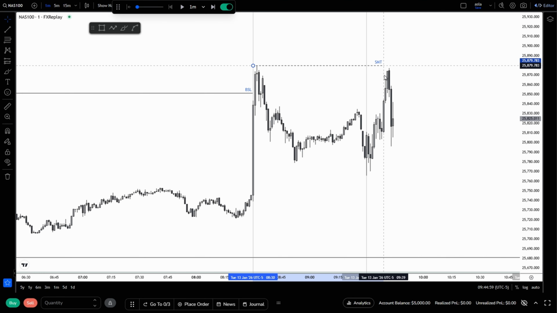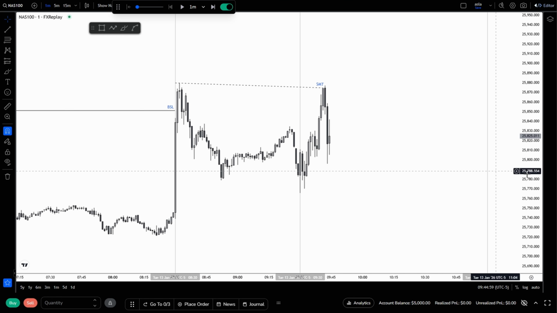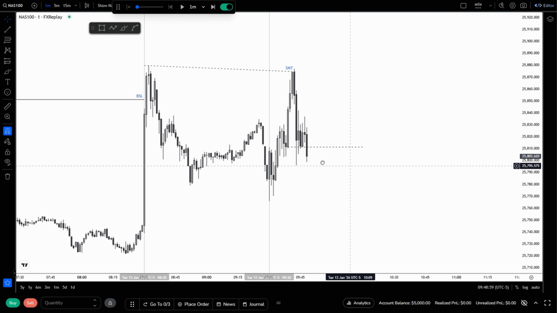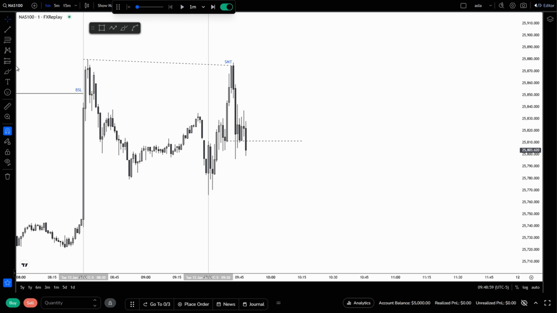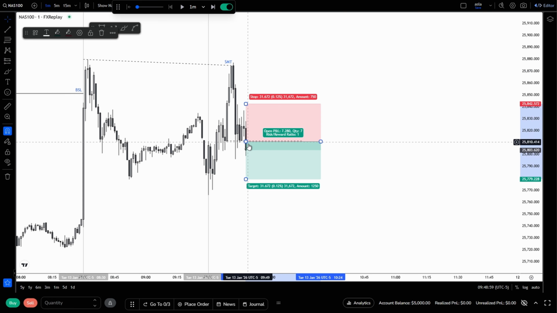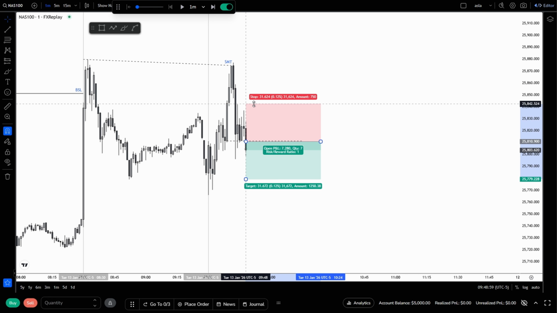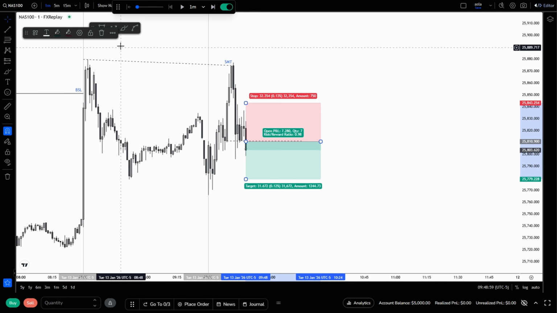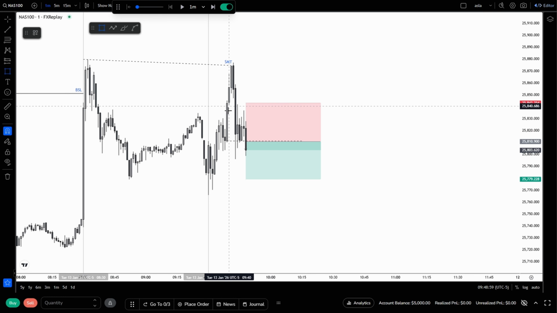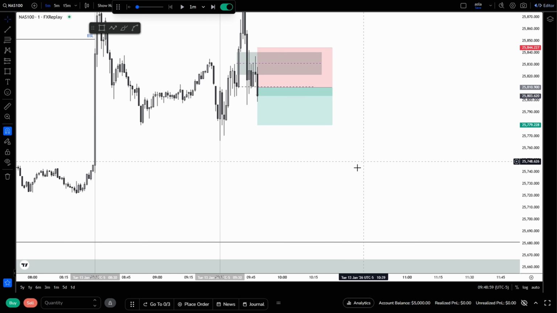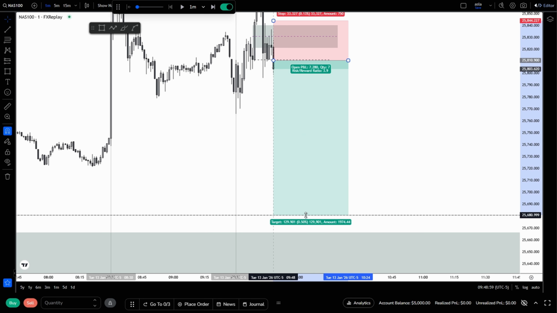With that SMT in place, we drop down to the 1-minute time frame to look for confirmation. On the 1-minute, we wait for a clear shift in delivery. What we get is a change in state of delivery, and that becomes our confirmation. At that point, I can comfortably enter at the CISD. I'll place my stop loss above the candle that created the shift, especially since we also have an inverse in that area adding extra confluence.